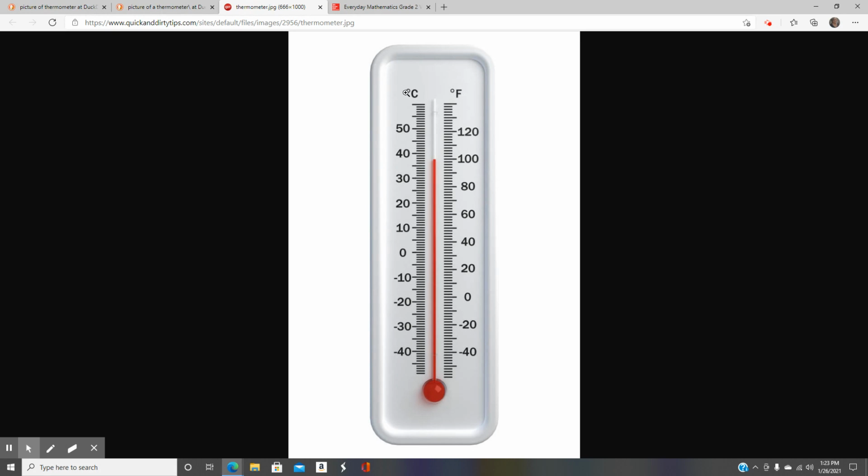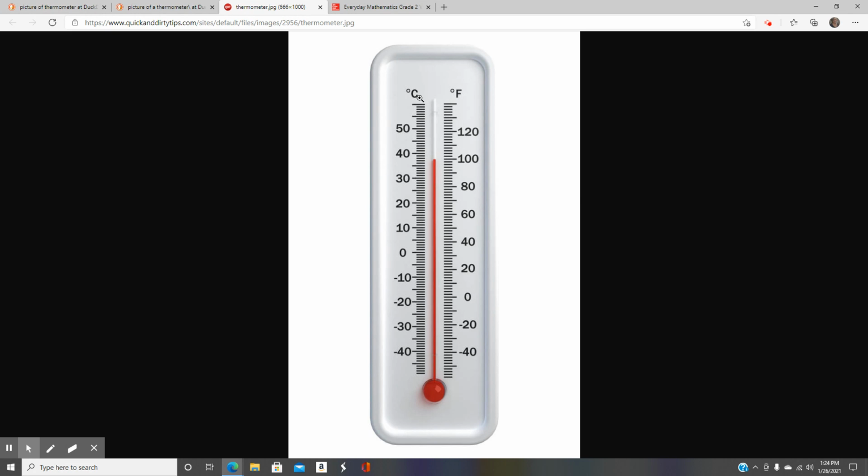So the little degree sign and the C sign is read degrees Celsius. We don't often use Celsius in the United States. We usually talk about Fahrenheit, which would be represented by this capital F here. But a lot of countries do use Celsius as a unit of measure.